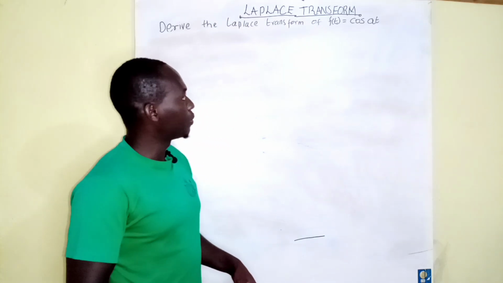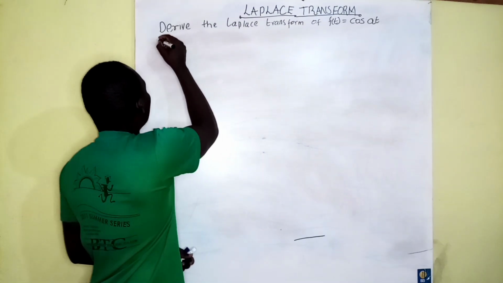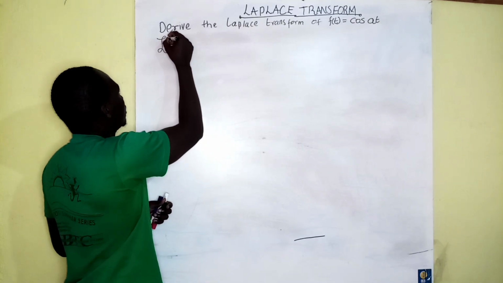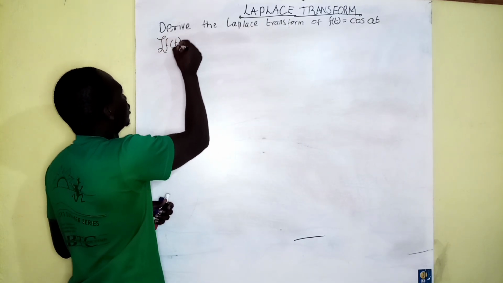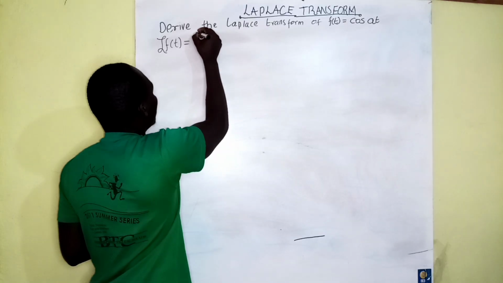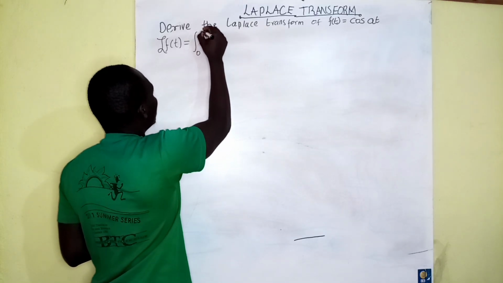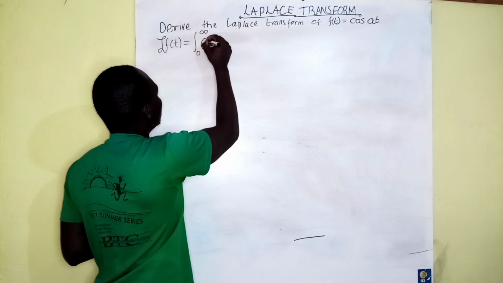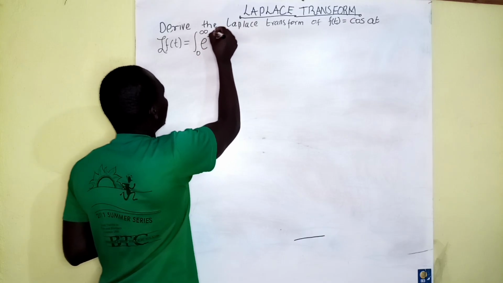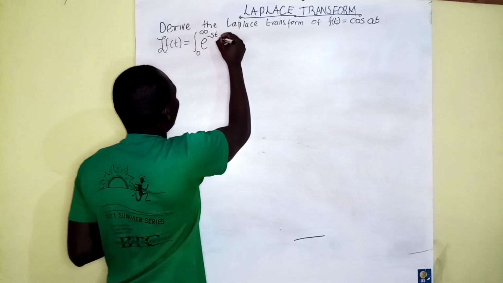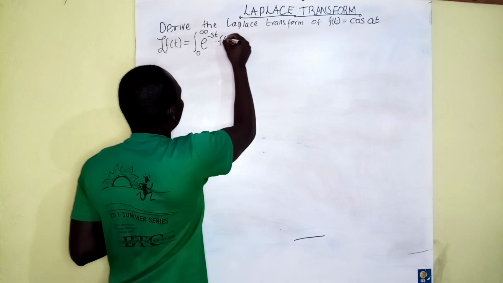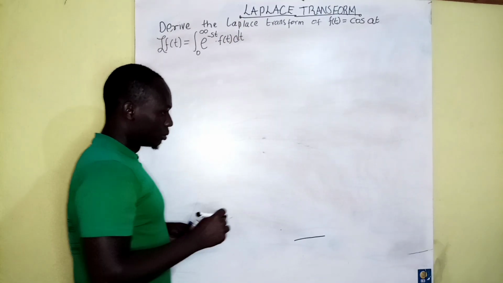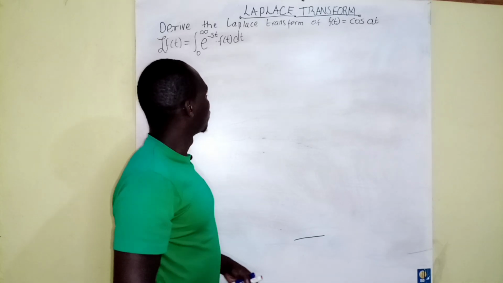The first principle formula, we know that the Laplace transform of a function f of t is equal to the integration, with respect to our limits, of exponential negative st multiplied by a function f of t, and our integration is with respect to dt.